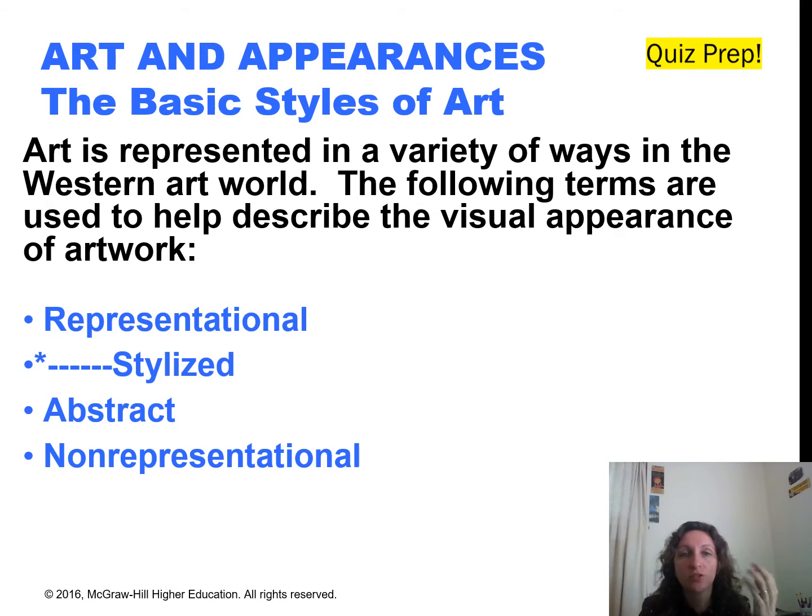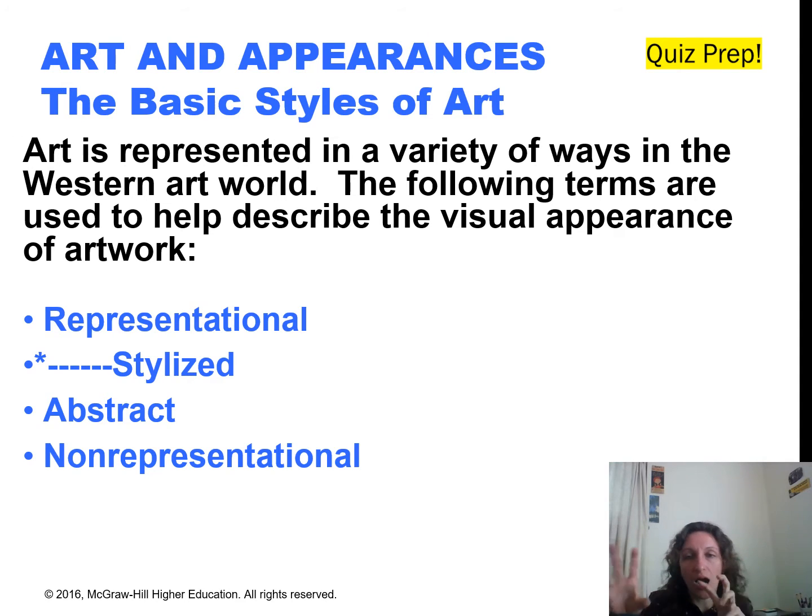And this brings us to our next big group, which is the basic styles of art. Your book breaks this down into three basic styles of art, and I would argue that there are four.